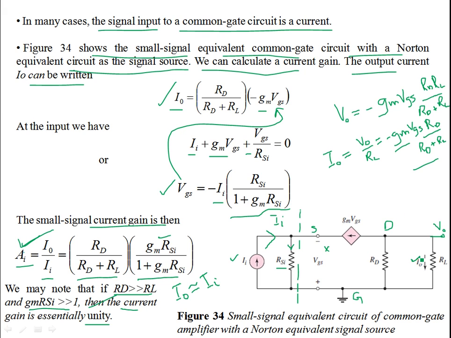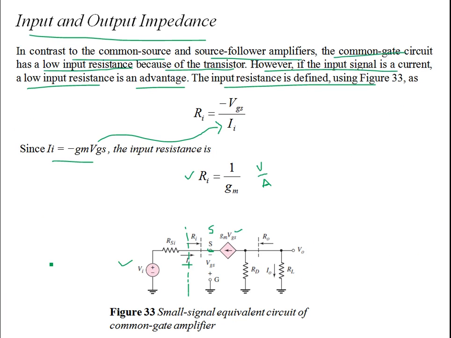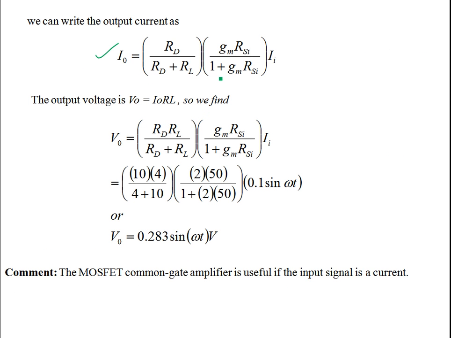Then we brought in the input current by applying KCL at the input. From here you can express VGS in terms of II and substitute it over here. That relates your input current to the output current, and you get the current gain relationship.